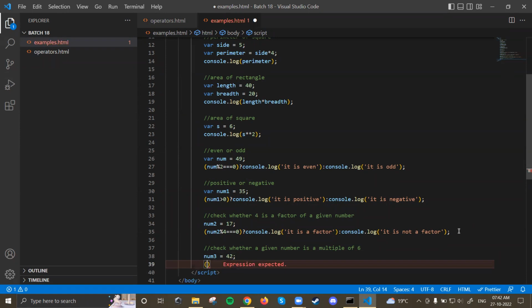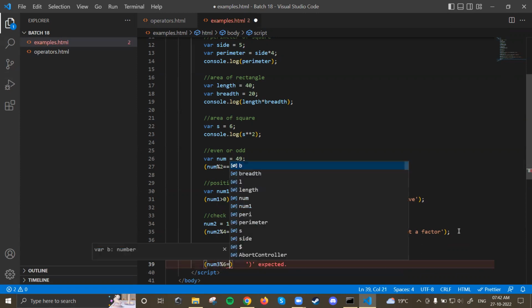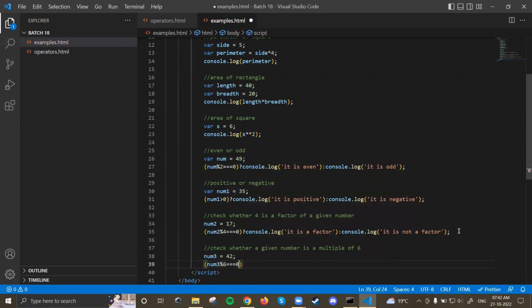Yes, sir. True. So how do I check that? Num3 modulus 6 equal to 0. When I divide it by 6 and I get 0, that means it is a multiple of 6. So console.log it is a multiple of 6.